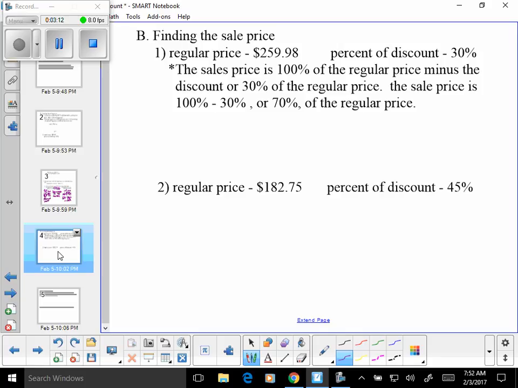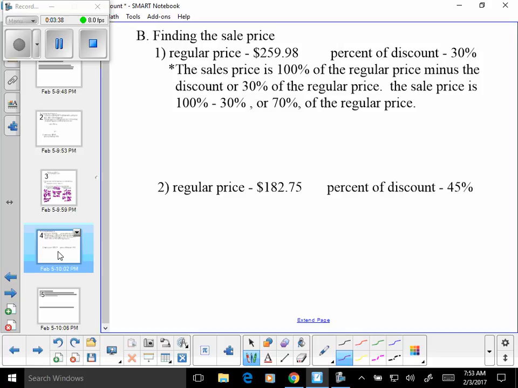Let's say that we had an item where the regular price was $259.98, and we knew that there was going to be a 30% off sale, so our percent of discount is 30%. Now here's where you got to do a little reasoning. The sale price is actually the regular price minus the discount. So that means it's 100% of the regular price minus the discount.